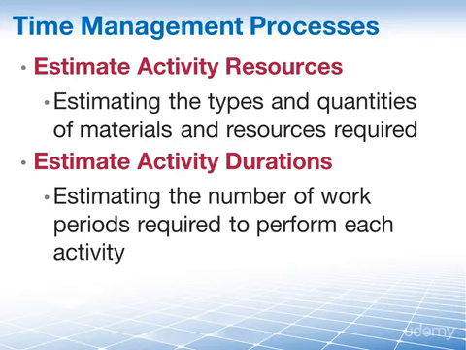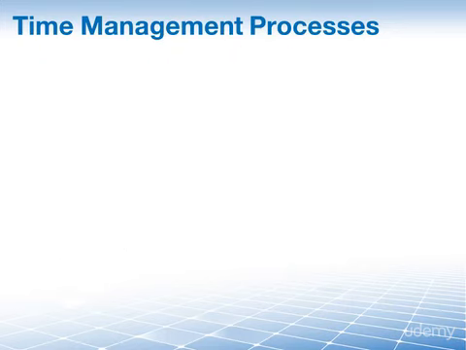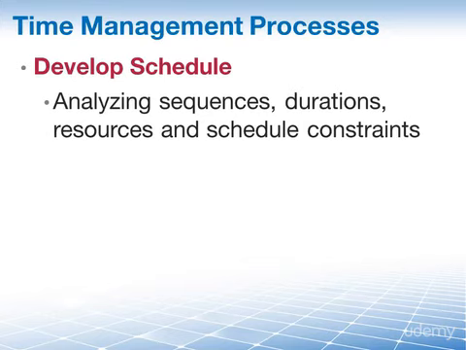From here, we can finally move on to develop schedule, the process of analyzing everything that we've done so far: activity sequences, durations, resource requirements, and schedule constraints to create the project schedule model.